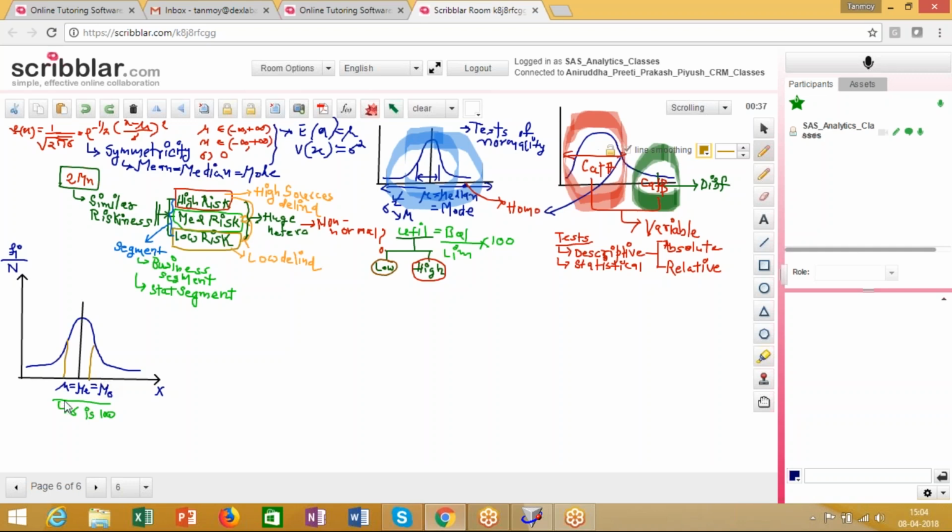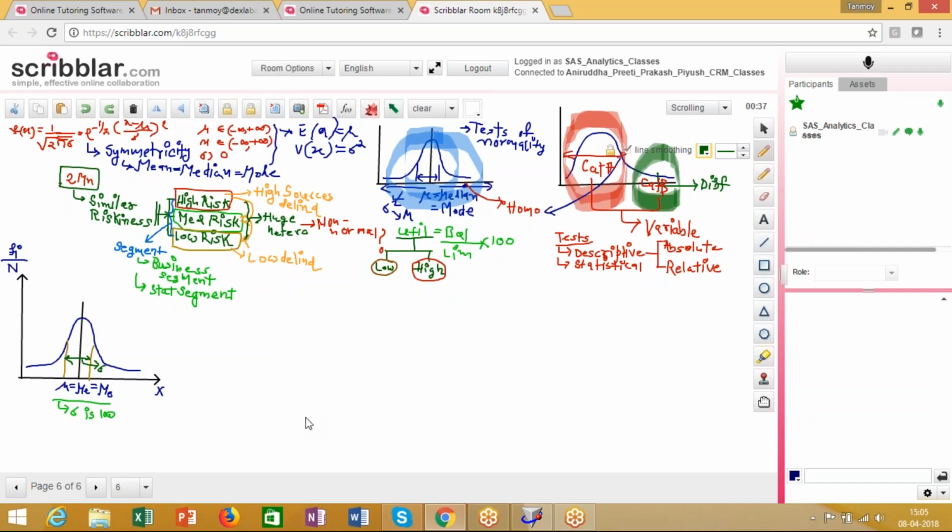So over there, what we have is mu equals the mean equal to median equal to the mode. Now over here, this dispersion, this fluctuation about the central values is the sigma, and this sigma is also known as the standard deviation.